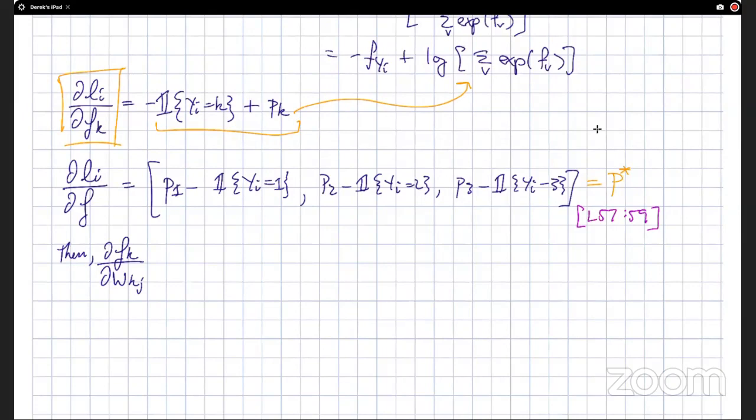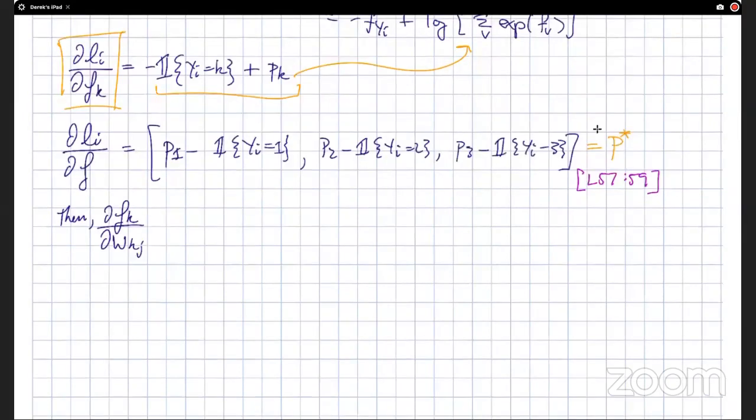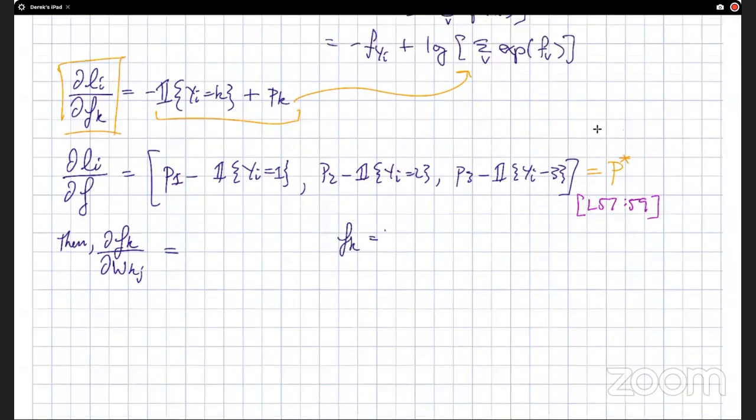Let's just work through this, and if I have time, I'll go back to that line of code. As I said in the homework, I think it helps to sometimes work with the individual coordinates. First of all, it helps to know what fk is. Remember, f is wx plus b, so I can write fk as wk times x plus bk.